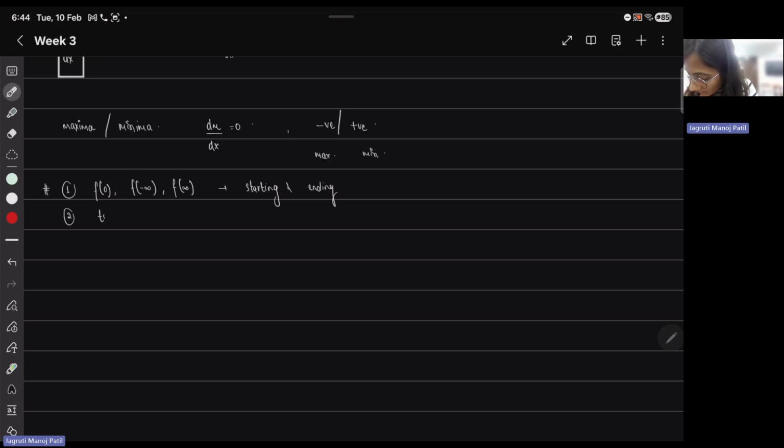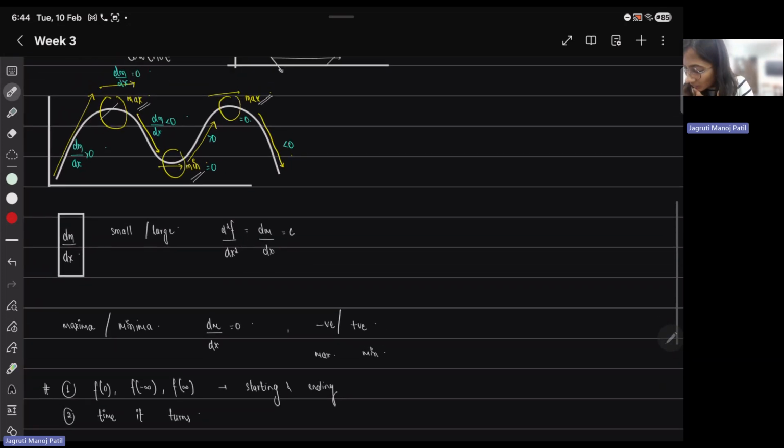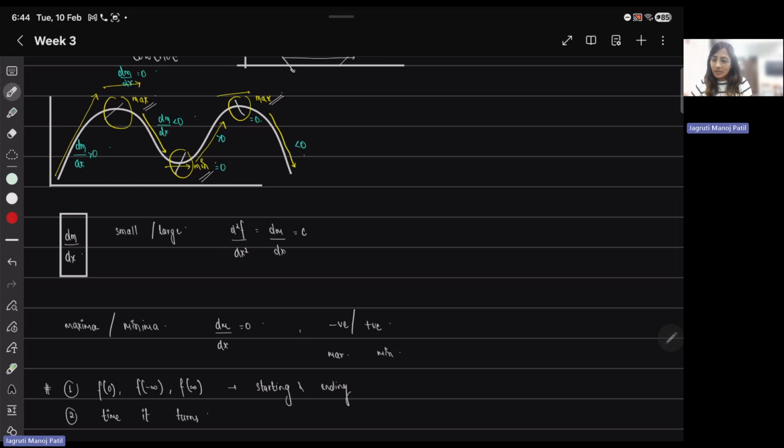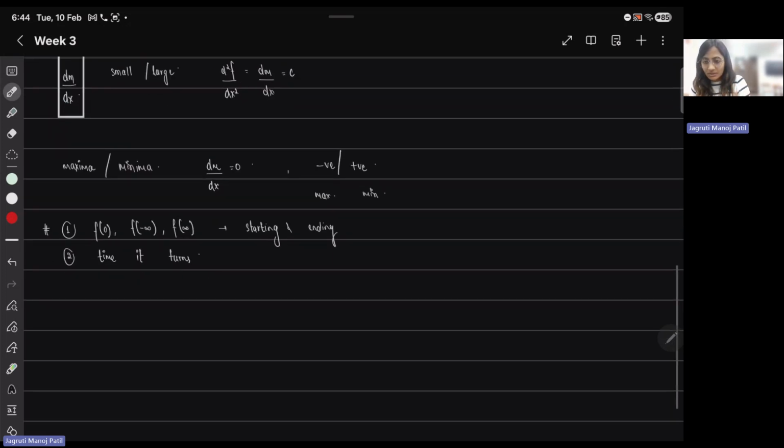Then you see the number of times your curve turns. So you saw in this particular case that it is turning 1, 2, and 3 times. So you see the number of points where your curve is turning. Now, where are the turning points, and what kind of turns?